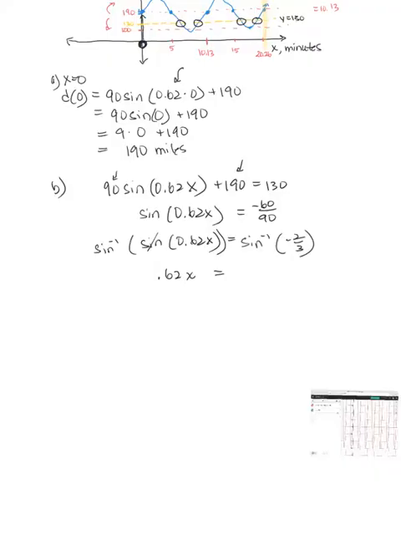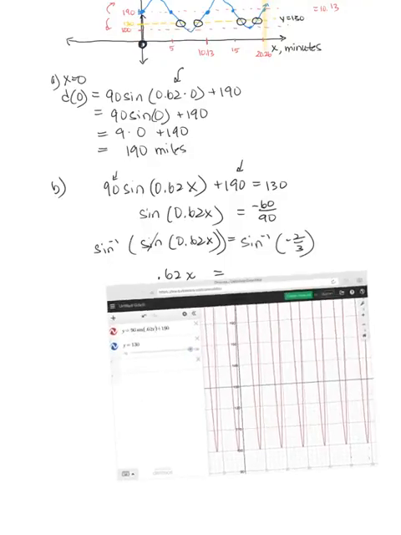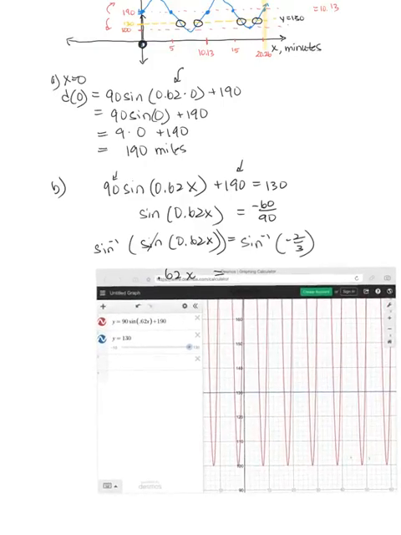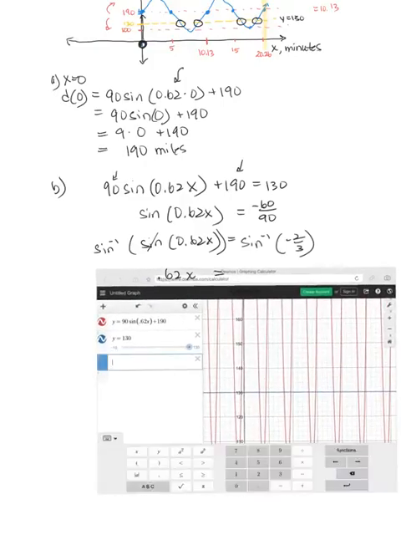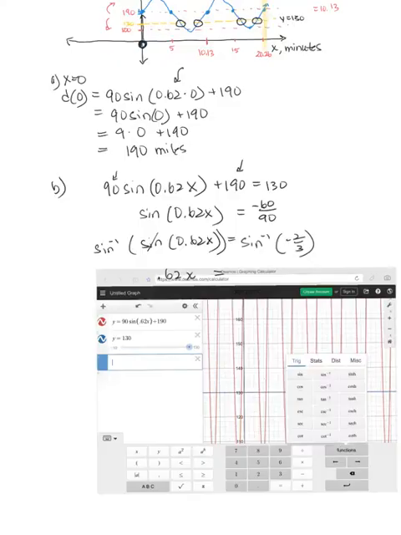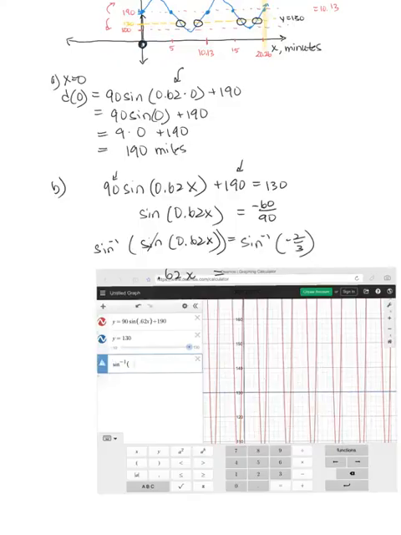All right, so what is sine inverse of negative 2/3? Well, let's see here. Let me go back to Desmos. Here it is. Can you see that okay? So I'm going to just type in here sine inverse of negative 2 divided by 3. And you see the answer I get.